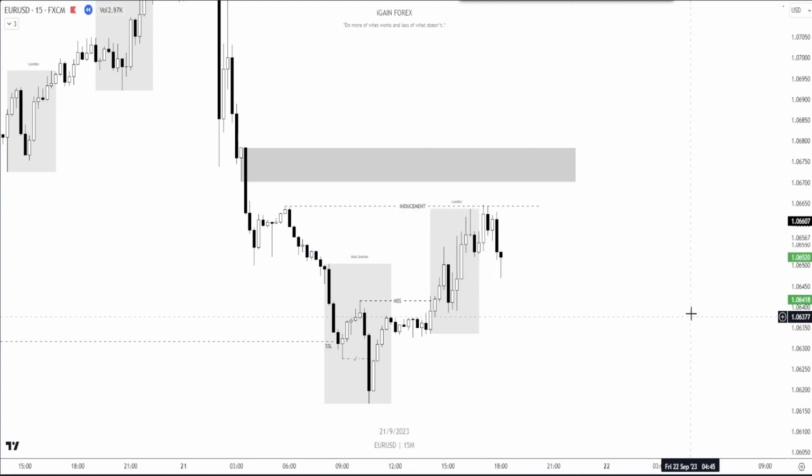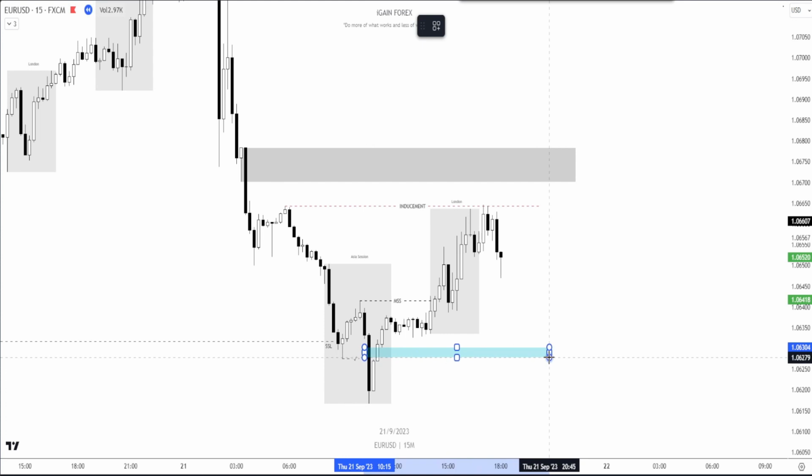So where can we place our entry? We can see here we have our balance price range, or the BPR. We will be expecting that during the New York session, we can get this entry.